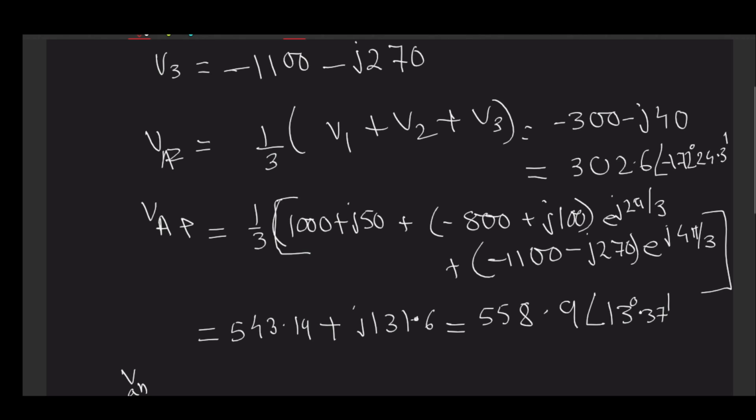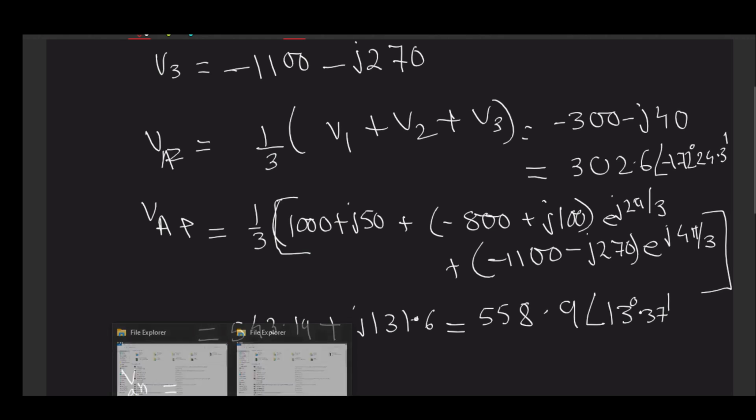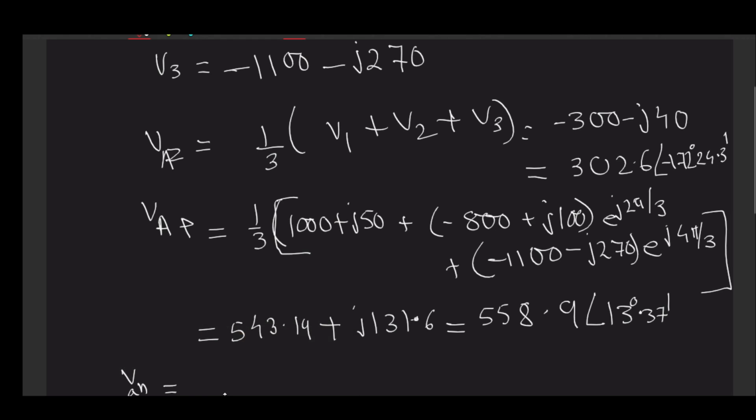Only thing, you have to change all these angles by minus 2π/3 and you will find 756.6 minus j41.6, so it is 757.9 with an angle of minus 3 degrees 8.8 minutes.